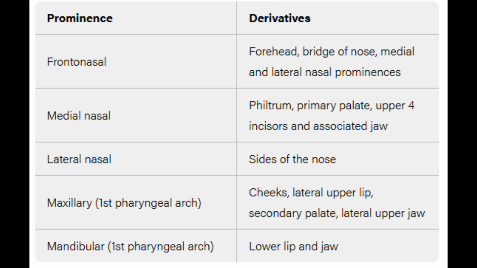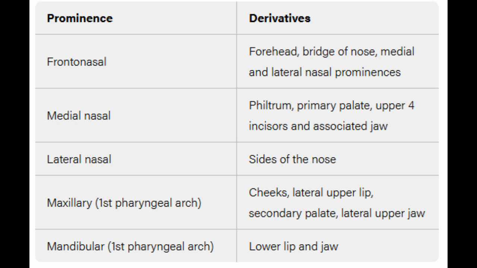Okay, so you have to remember that the development of the face is mainly from the frontonasal process, maxillary process, and the mandibular process. The mandibular process on either side fuse in the midline and they form the lower jaw.